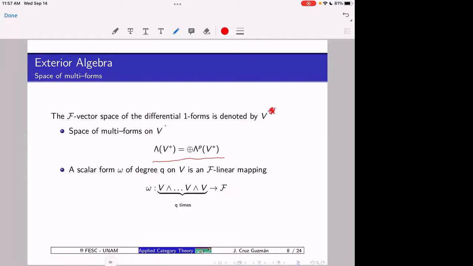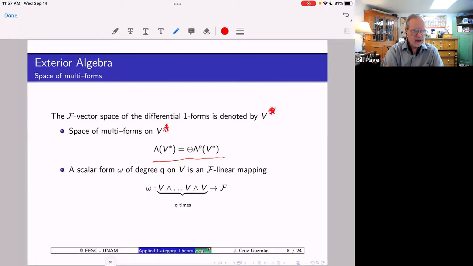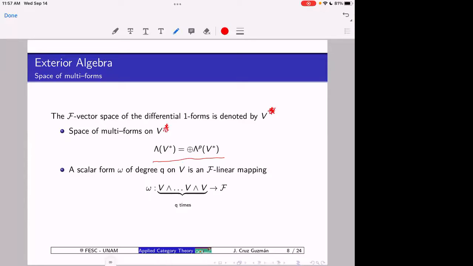Yes. But at this point, you don't make a connection between V and V star. Yes, in fact, here is the first connection between them, because the scalar form is defined over a multivector.